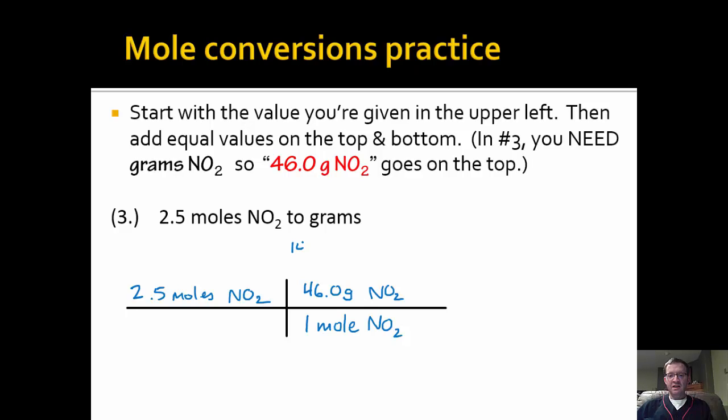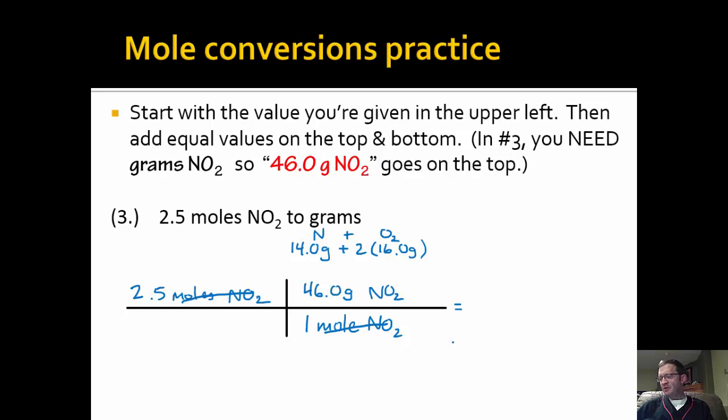Well, N is 14 grams per mole, and oxygen, 2 of those, are each 16 grams per mole. And when we add that all up, that's N plus 2 O's, and that makes 46 grams. So 2.5 moles times 46 grams per 1 mole. And what I'll do is cancel out my moles. Those will disappear. And I'll just multiply across the top.